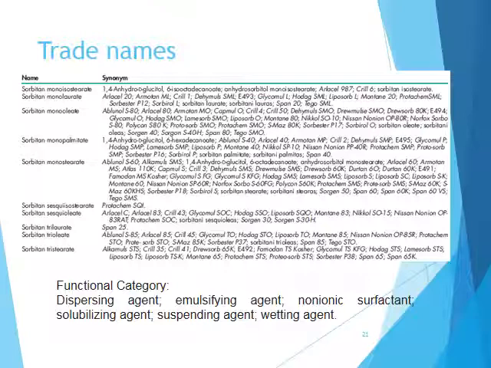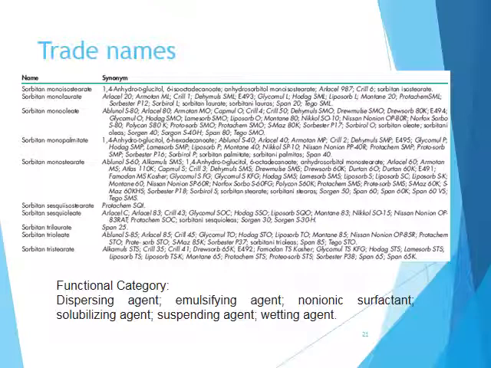Each type depends on the structure and then the span grade, either 40, 60, 80, or 20. The functional category of this type of excipient: they work as dispersing agents, emulsifying agents, non-ionic surfactants, solubilizing agents, suspending agents, and wetting agents.